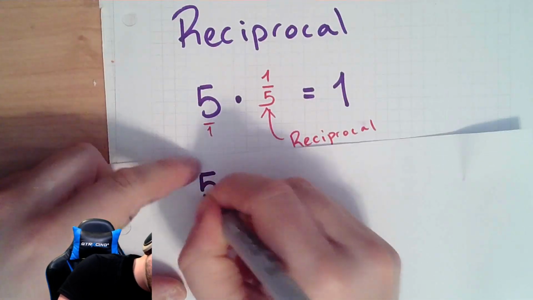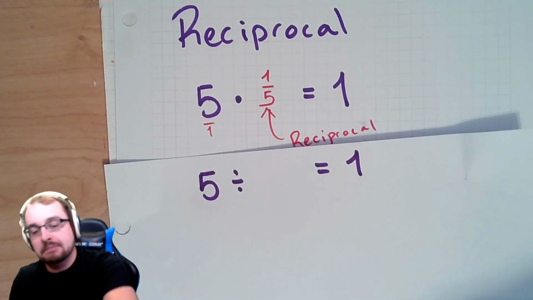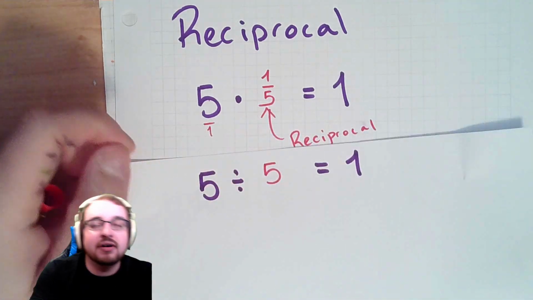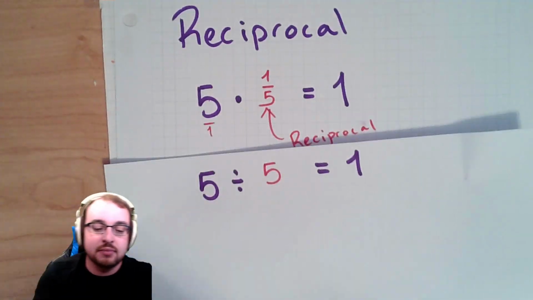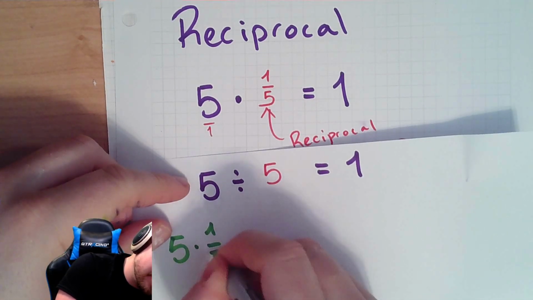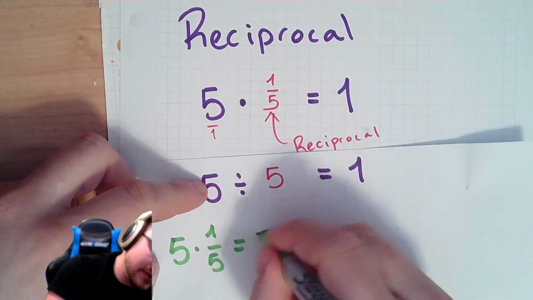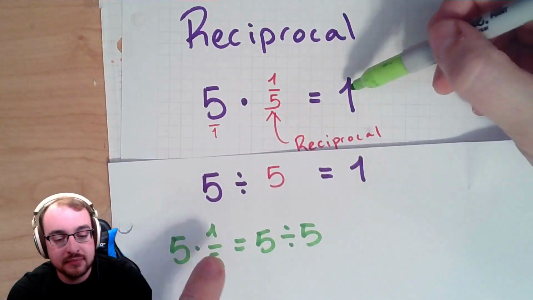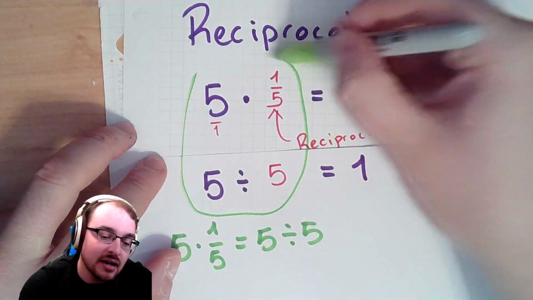If I think about division, what number do I divide 5 by to get 1? Well, of course, 5 divided by 5 is 1. So it looks like what we've just proven is that 5 times 1/5 is the same thing as 5 divided by 5. Because again, 5 times 1/5 is 1, and 5 divided by 5 is 1, so that means these must be equal.